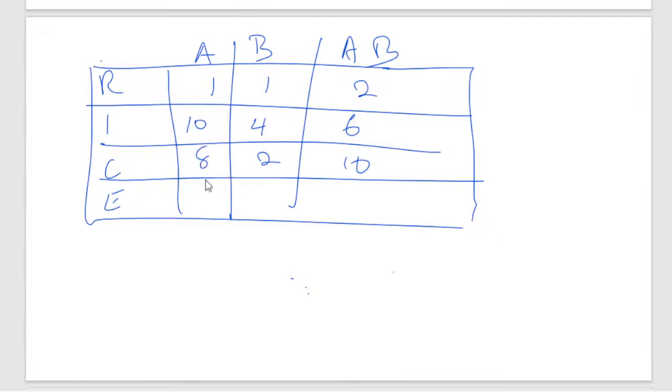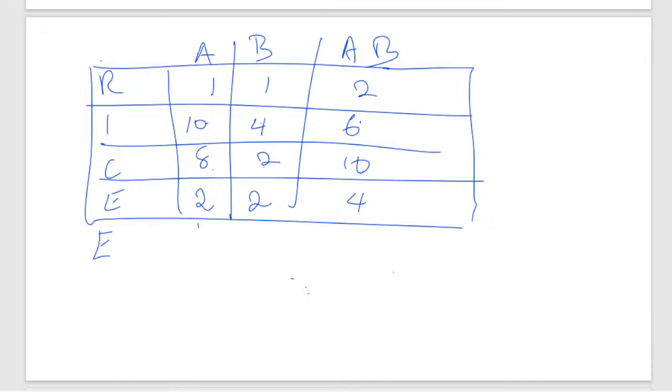Now to get the change, what happened at equilibrium? Now I need to know what is remaining. So this minus this, I'm going to get 2. This minus this, I'm going to get 2. And this minus this, I'm going to get 4. It shows us 2, 1, 1.